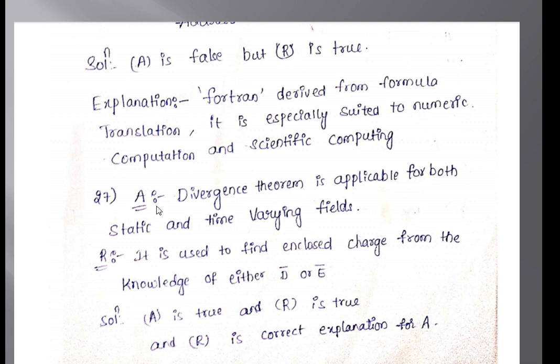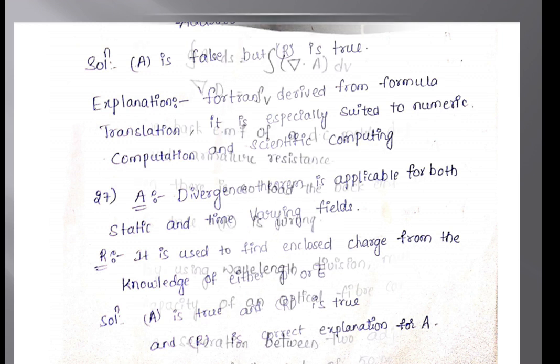Here the given assertion is that the divergence theorem is applicable for both static and time varying fields, and the reason given is that it is used to find the enclosed charge from the knowledge of either D bar or E bar.